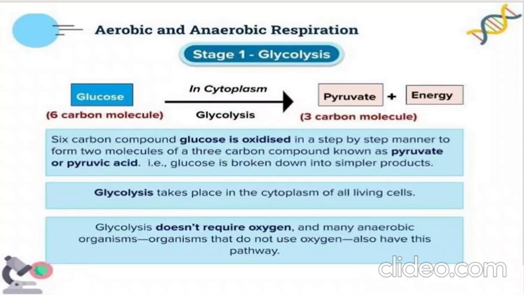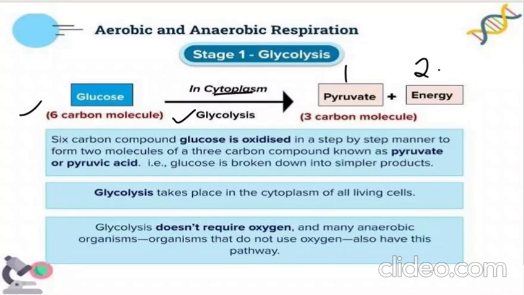Now, what happens is glucose, which contains six carbon molecules, undergoes glycolysis in the cytoplasm. Glucose is converted into two things: first one is pyruvate, and second one is energy. Now, how do we explain this?